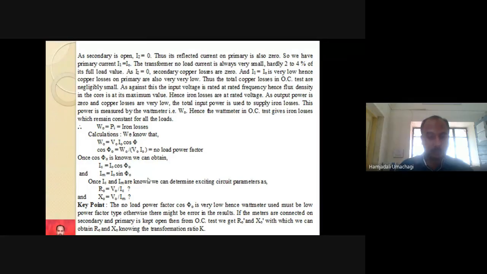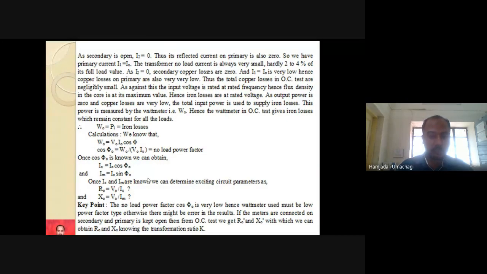R0 and X0, along with Ic and Im. What are all these? Can you tell me? These values belong to which branch of the equivalent circuit of the transformer? Whether they are present on the primary side of the transformer or the secondary side of the transformer? Primary, sir. Primary side, very good.